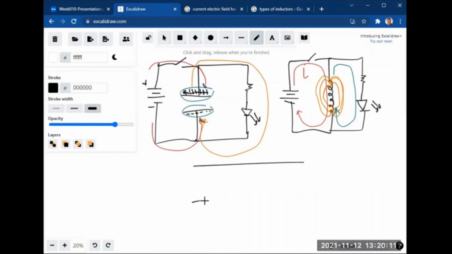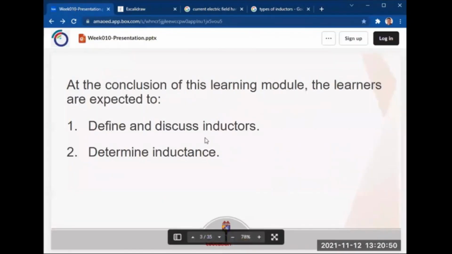If you make coils using this same wire, you will be creating an inductor. So that's the basic structure of an inductor. Even a slight crook in a wire will cause it to behave like an inductor.